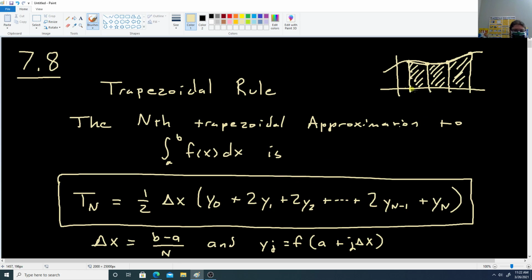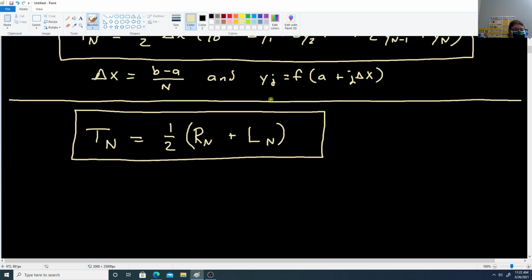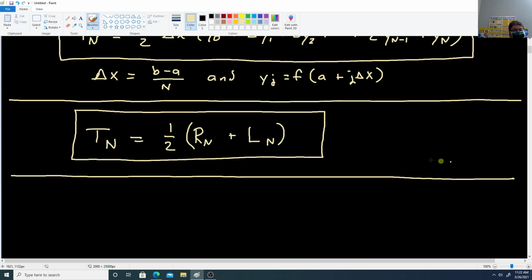So if the distance from here to here is the same as this distance, is the same as the width of the next bar, if those are uniform, then you can use this equation. But if those aren't uniform, then most of the time you want to use this secondary representation to find the right endpoint approximation and the left endpoint approximation, and you add them together and divide them by 2, which takes their average.